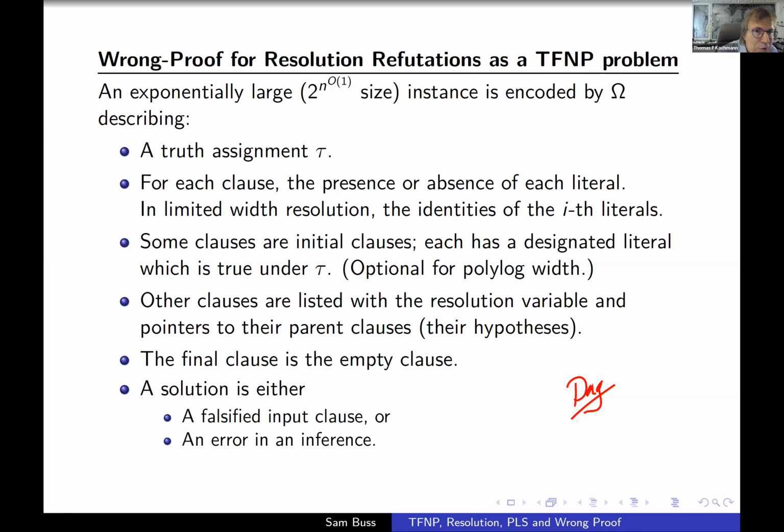Sam, what problems might occur if you try to do the wrong proof thing with the extended Frege? Nothing goes wrong at all. You have to be careful to set it up so you can check. You can't just literally write out the proof as a string of symbols. We need to have pointers, not only for what formula is inferred from what other formulas, but also for what parentheses are matched with which parentheses. You need that kind of information just to parse formulas.